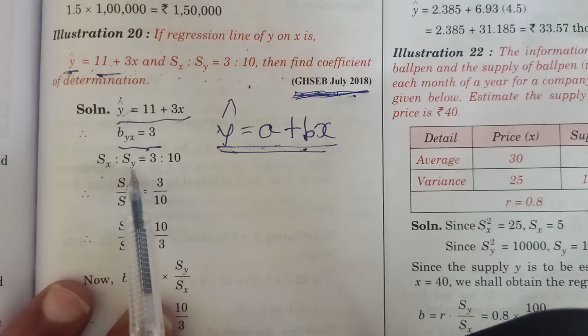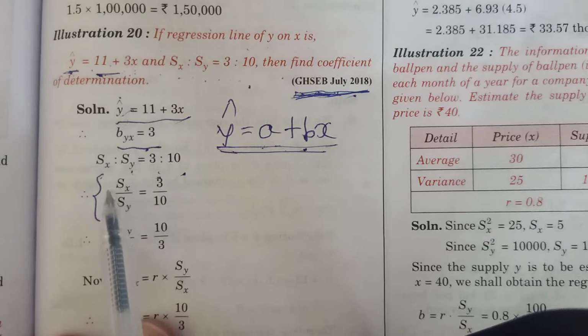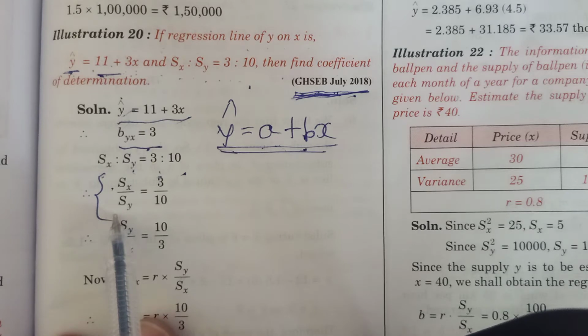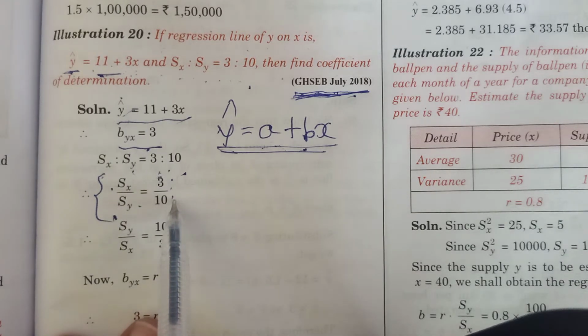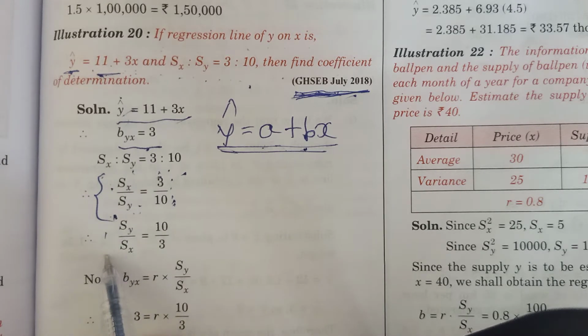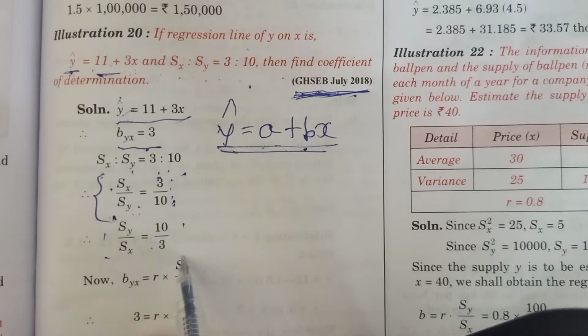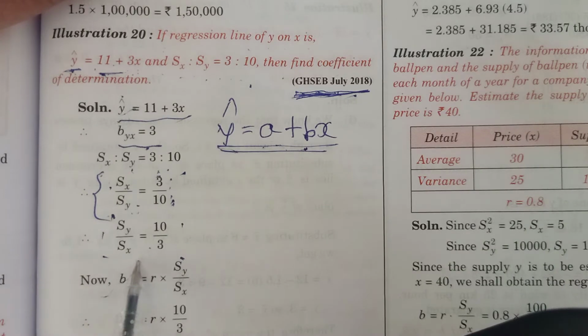Now sx is to sy equals 3 is to 10. So sx upon sy equals 3 upon 10. We can take the reciprocal: sy upon sx is 10 upon 3. Why do we do sy upon sx?